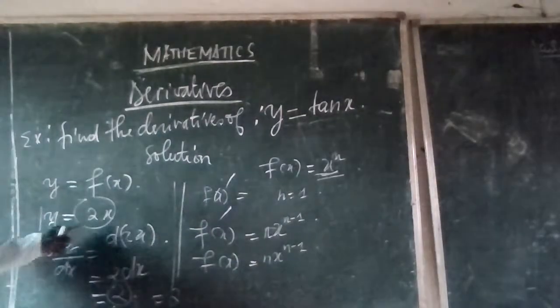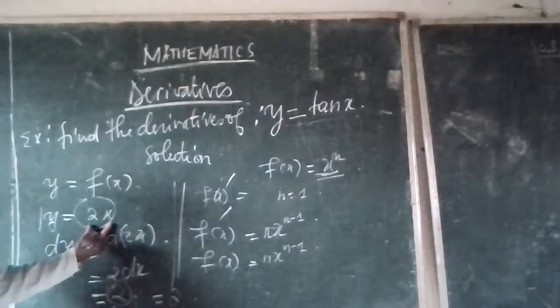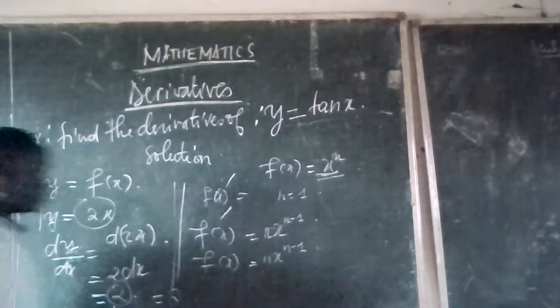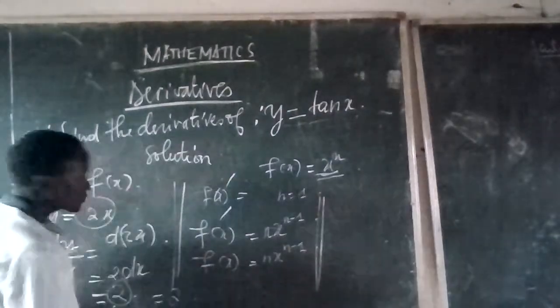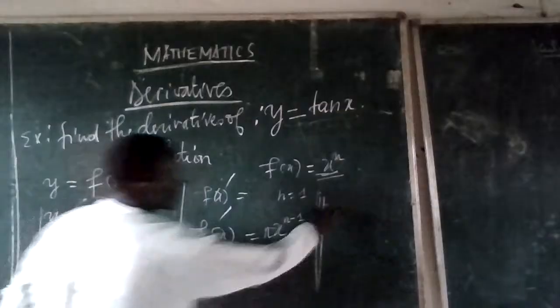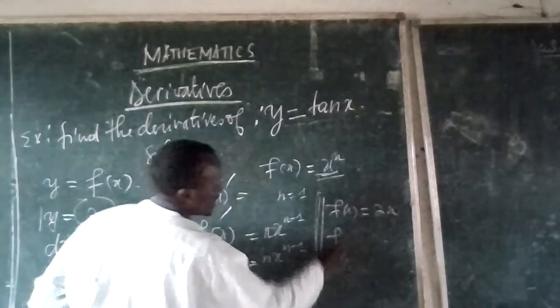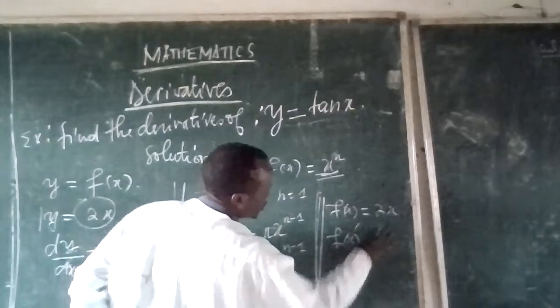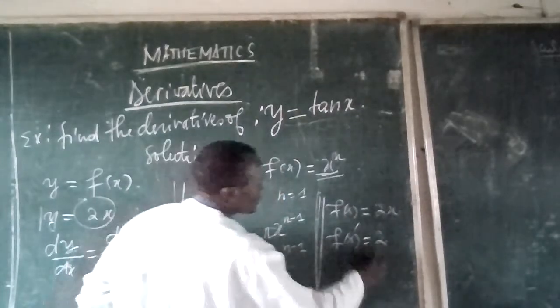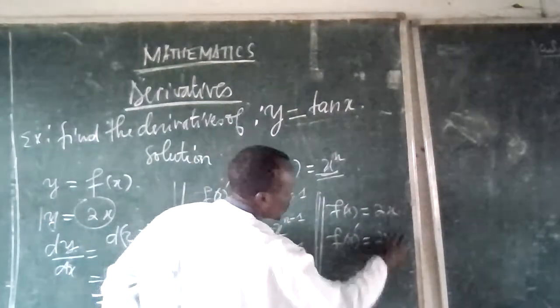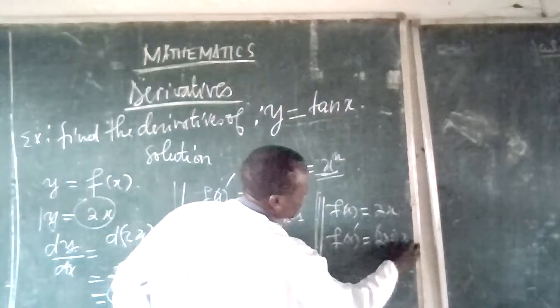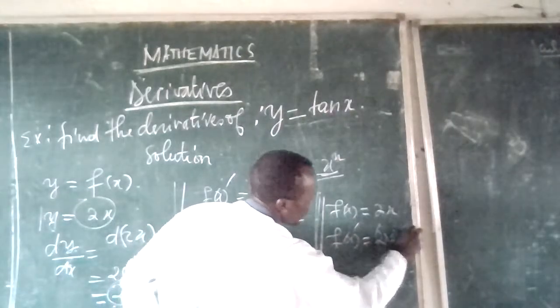That is what we have applied to this question, where f of x is equal to 2x. Then the derivative of f of x will be 2 times n, which is 1, times x to the power 1 minus 1.